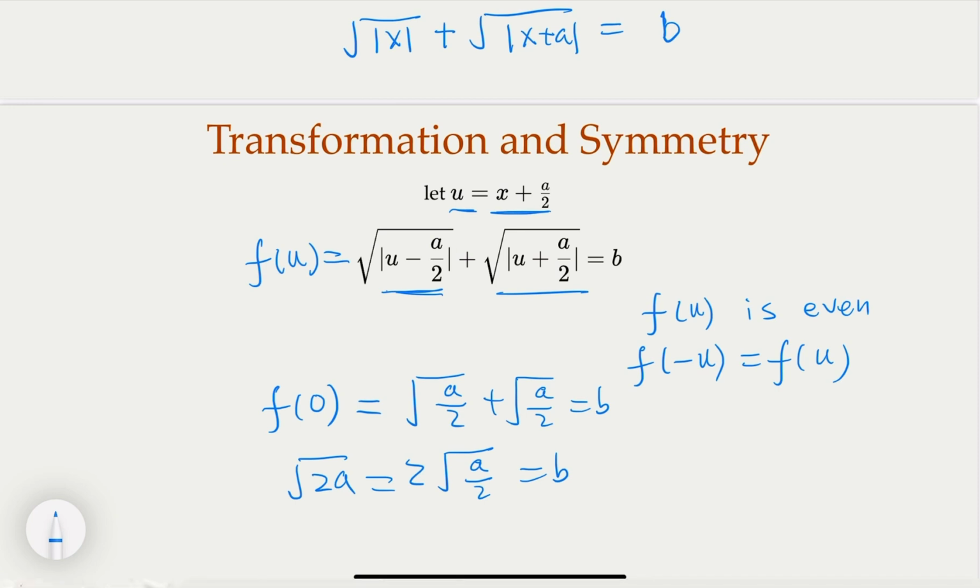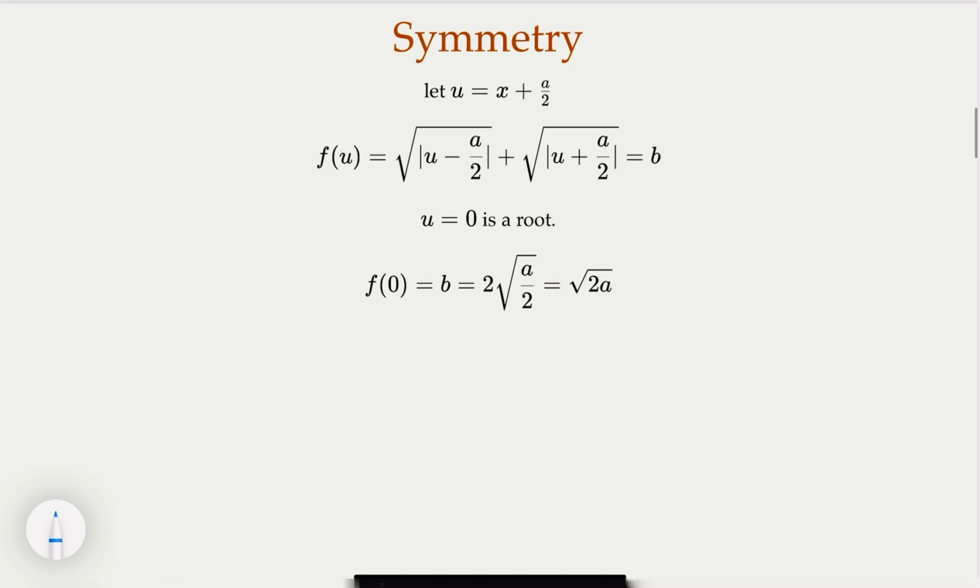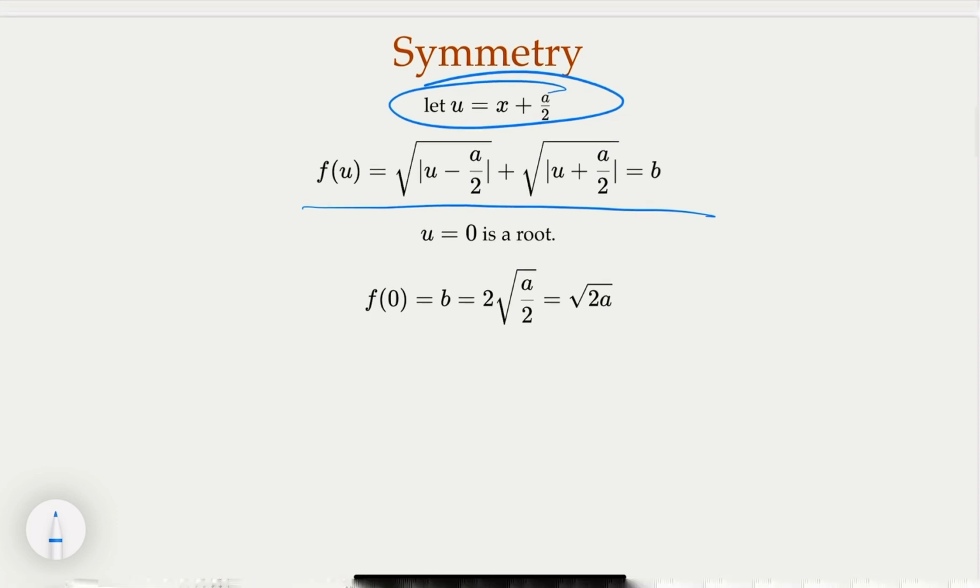So the trick here is that with the variable substitution, the equation becomes this new equation, which is symmetric in u, and we claim that 0 is a root because we're given that there are 3 roots. Then we have this relationship here, so that this is equal to the square root of 2a.